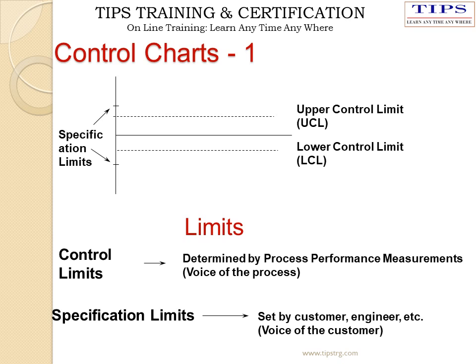Here, upper control limit and lower control limit are represented by dotted line, whereas the specification limits, upper specification limit and lower specification limit, are represented by a small line. Control limits are calculated by using the formulas, whereas the specification limits are set by the customer or design engineer.